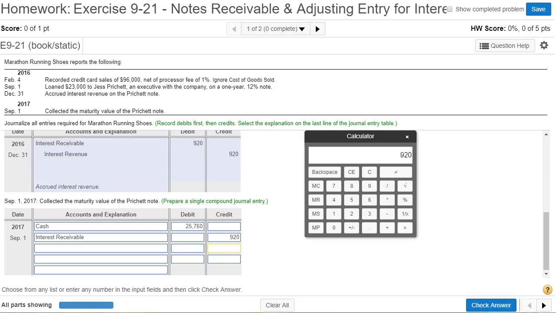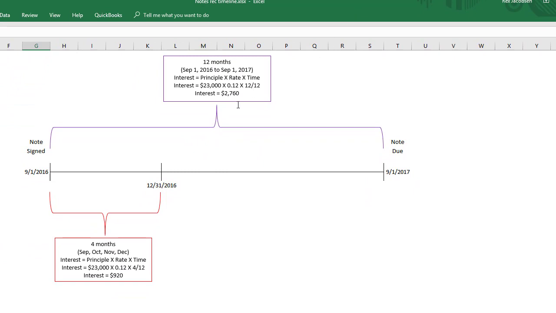Now let's go back to our timeline. So we have earned and received this $2,760 of interest plus the original amount that we loaned them, the principal. And we've recorded that we've earned 4 months. So these 4 months were earned and recorded for last year. But have we recorded these remaining months that we have earned interest? No. So we need to do that on September 1st.